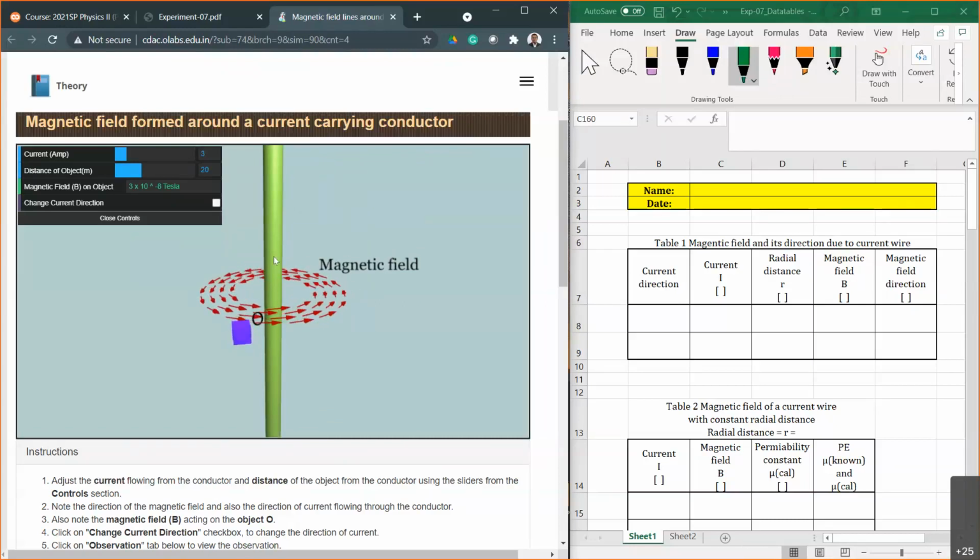Usually an electric field line starts from the positive side and goes to the negative side, because by definition, a positive charged particle is attracted towards the negative. That definition we can apply here too. A north pole must attract to a south pole. So we can say the magnetic field line starts from the north and ends at the south.